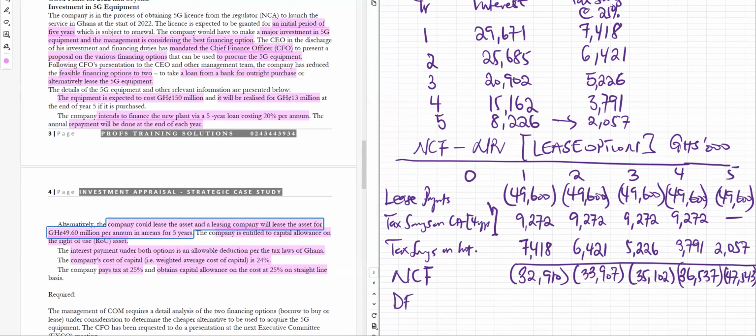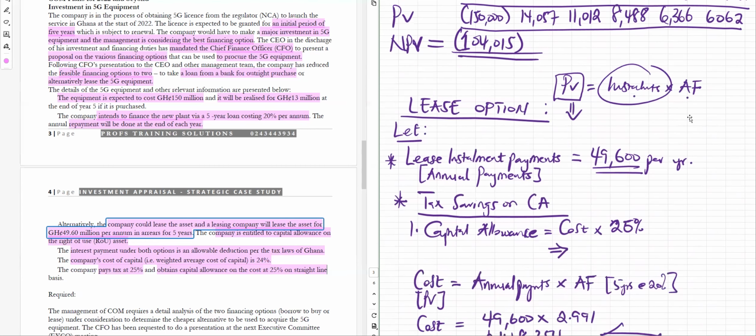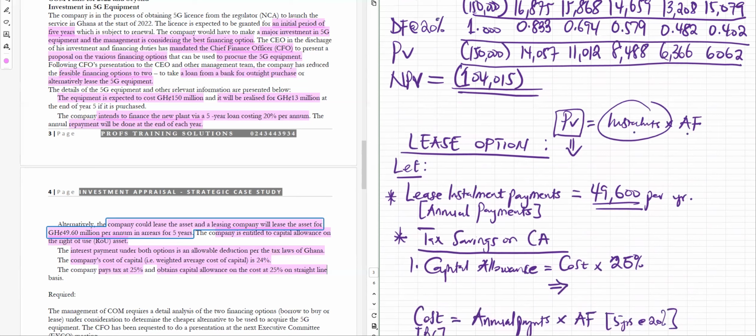So we need our discount factors at 20%. You see, it's the same rate throughout. Don't forget post-tax cost of borrowing. So we get our discount factors from the top. We can literally copy them.